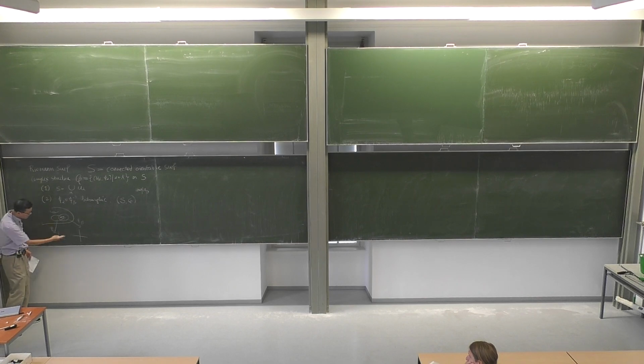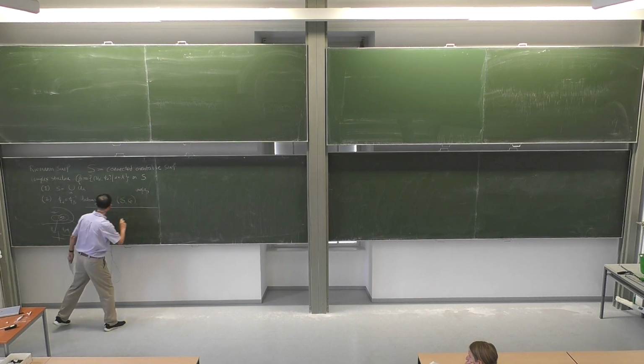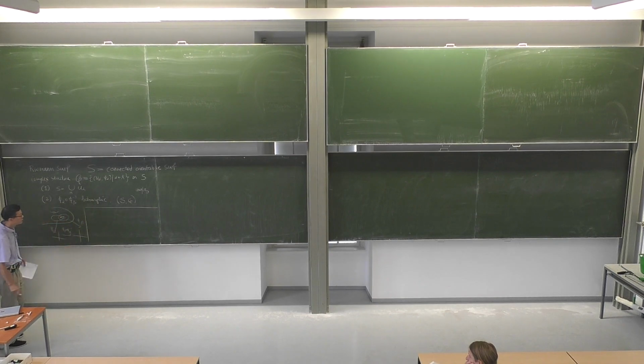Just use the chart map to measure the angle in Euclidean space, and this measurement is independent of the choice of the charts because the transition is holomorphic. So that's the classical theory of Riemann surfaces, and it's pretty universal, as we all know.